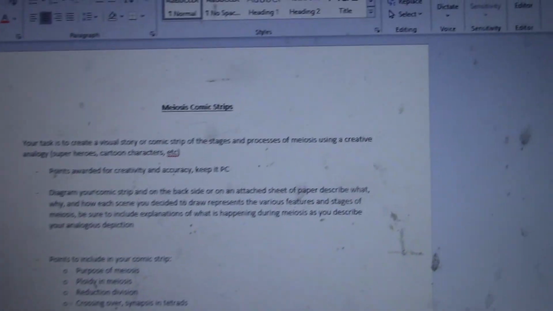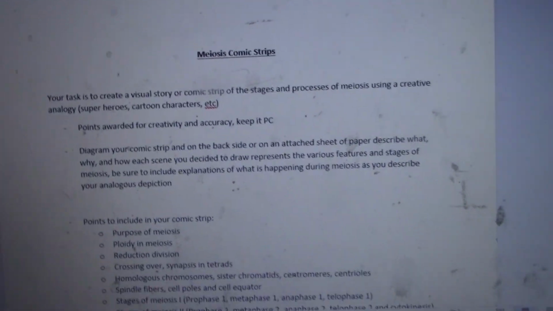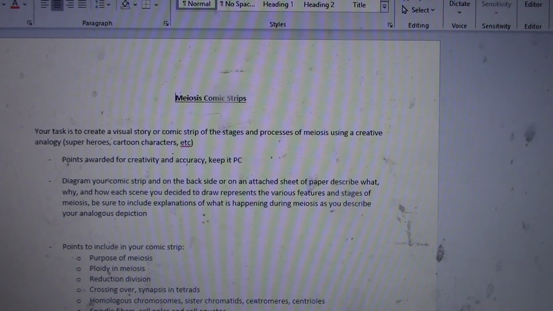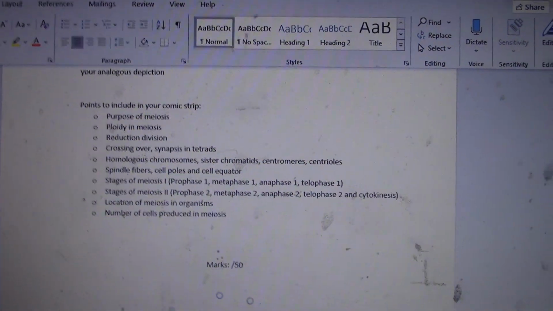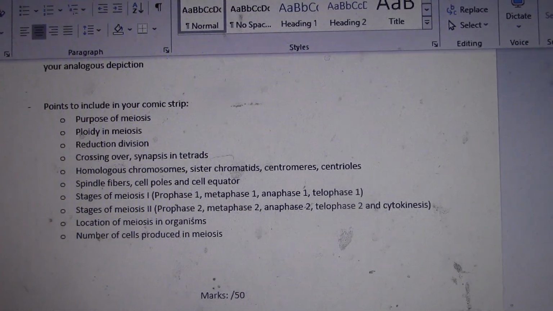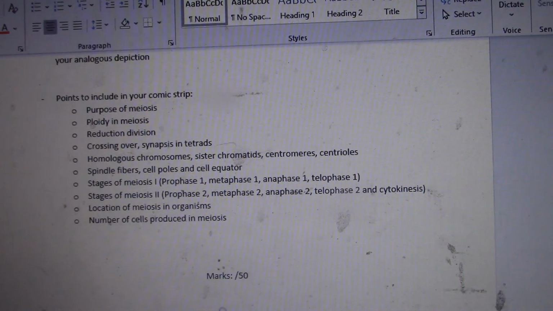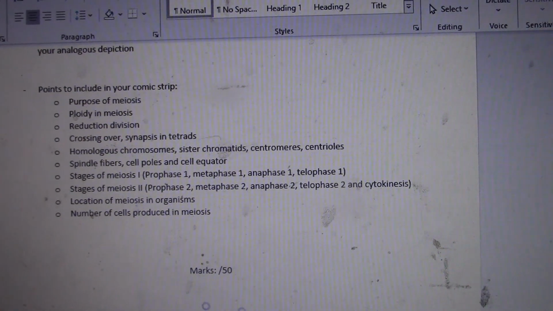So you're going to draw me a comic strip with meiosis. All the criteria is up. Please read it. You need to include all these steps in meiosis: the purpose of meiosis, how the ploidy changes, what reduction division looks like, crossing over, synapse, homologous chromosomes. Include the stages and phases of meiosis.